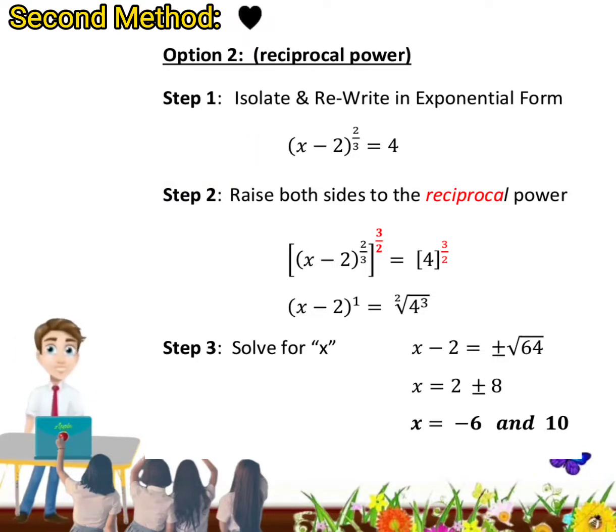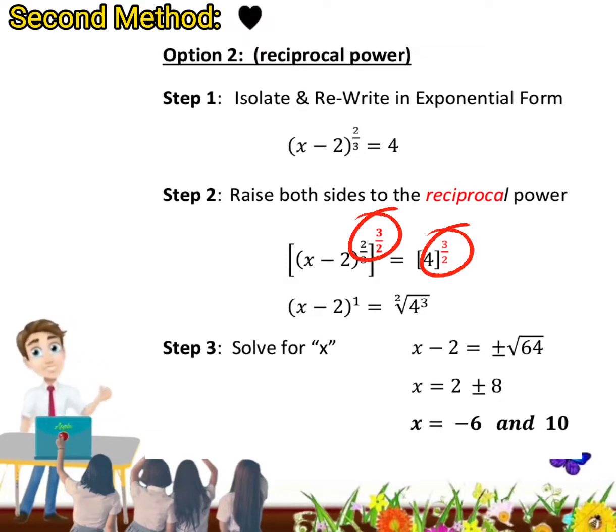And to remove now the rational exponent on the left side, we are going to do step number 2. We are going to raise both sides to the reciprocal of the power. And our power in the original problem is 2/3, and the reciprocal of that is 3/2. So we are going to raise both sides by 3/2.